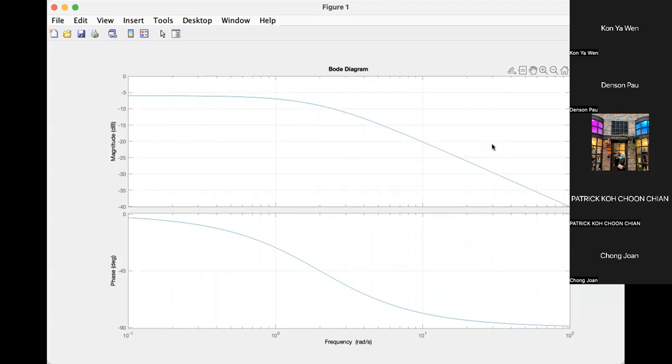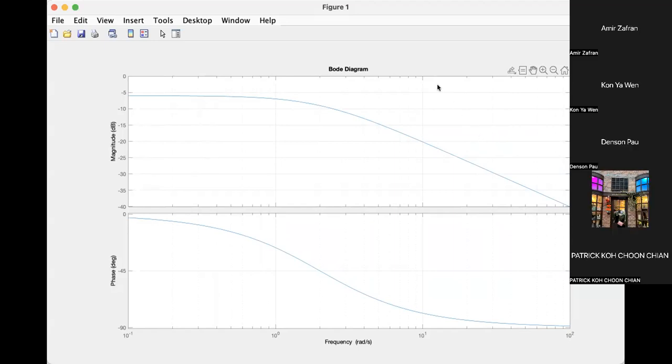Chong Juan, I have one question. The break frequency is at 2 radian per second. What is the value of the magnitude at 2 radian per second? How to find it? Find a point on the graph. Scan.